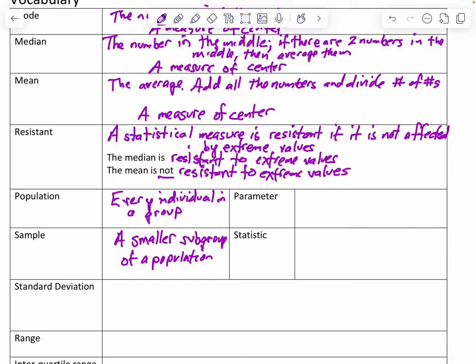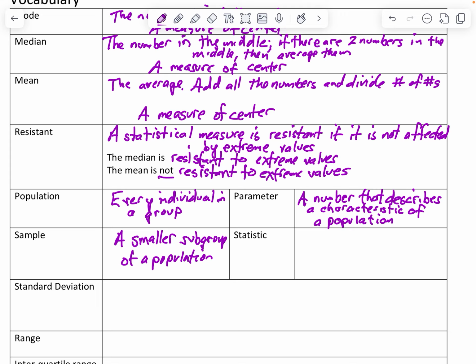Now, a parameter is a number that describes a characteristic of a population. So as an example, a population may be all the students at a certain school.